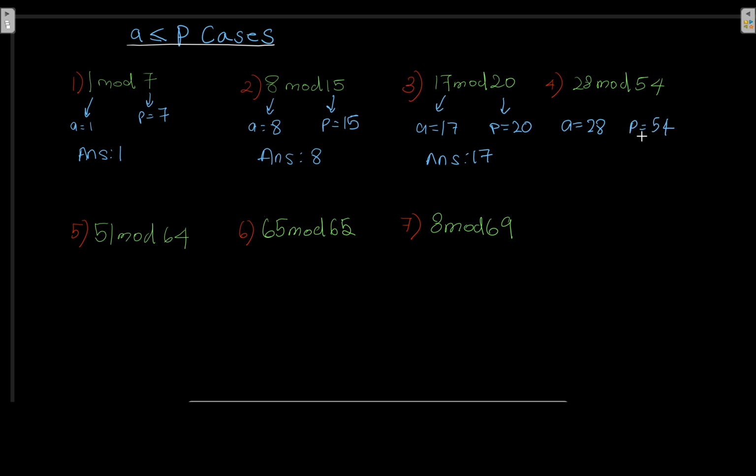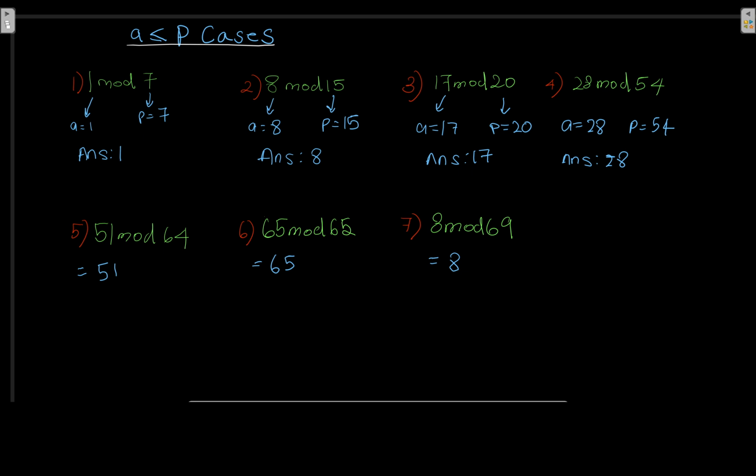A is lesser than P, so the answer would be 28. Similarly, for 5, 6 and 7, the answers are simply 51, 65 and 8. The questions that we have solved are for the case A less than or equal to P.